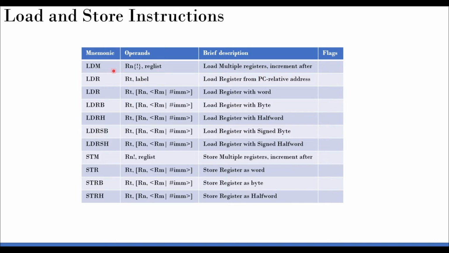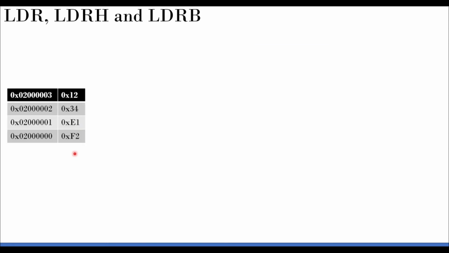That is what load multiple registers means. Similarly, you can store multiple registers. Whatever is the content in these registers can be stored into the address specified by this location. Also, you can store bytes, and you can store half words also. So that's the entire load and store instruction. Let me give an example.